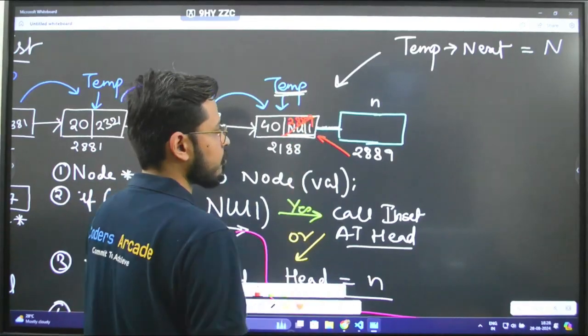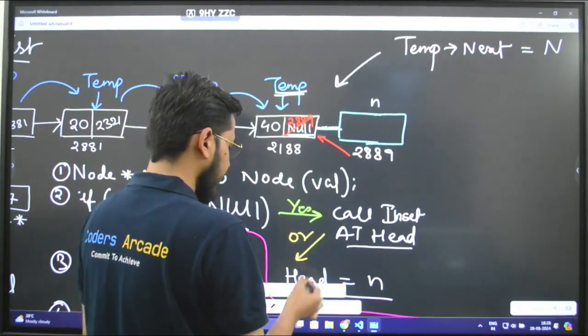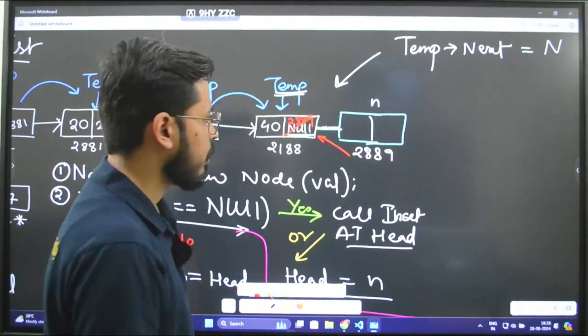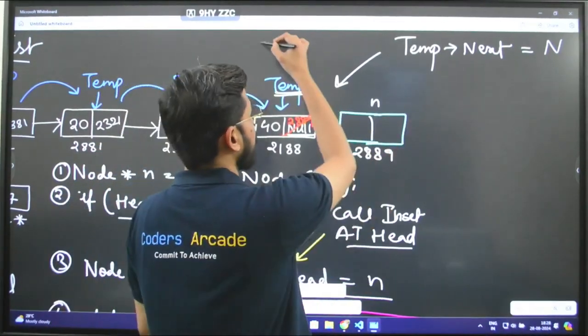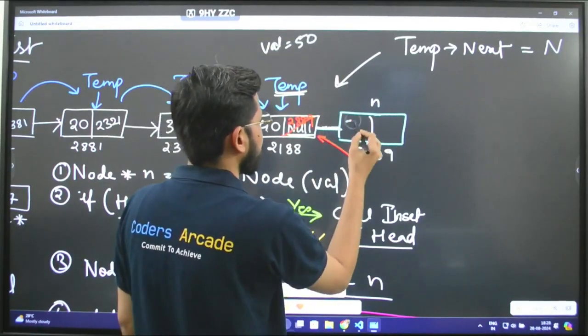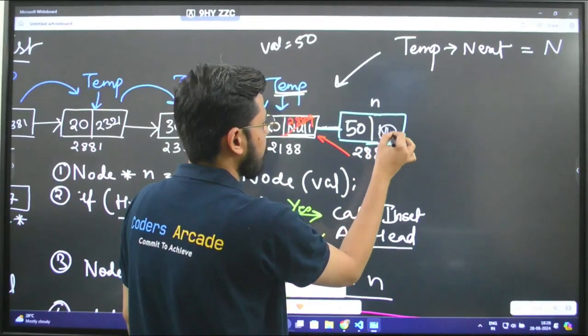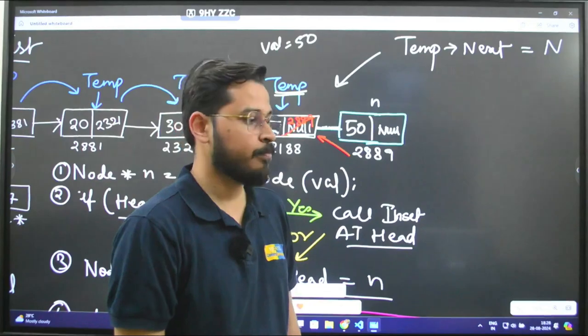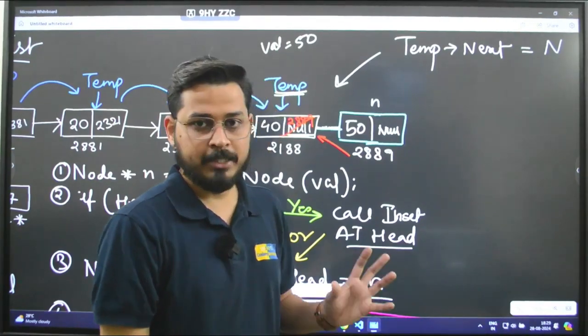2889 is stored here, which means this and this is connected. Understood? Let's say the value is equal to, let's say, 50. So 50 is stored here, and right now this is already null, so you don't have to worry about it. Guys, got it?